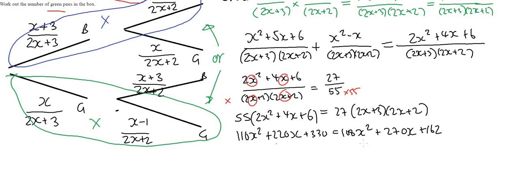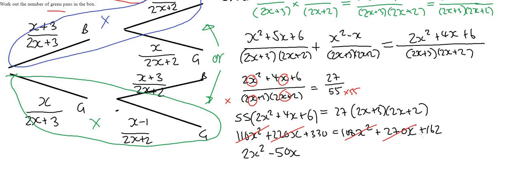Okay, remember I want to get all my x's on one side. So if I take away 108x squared, that's going to leave me with 2x squared. Taking care of my x squareds, I've got 220x and 270x, which is going to be minus 50x. Now I've collected all my x terms. I want the numbers on the other side, or I can turn it into a quadratic.